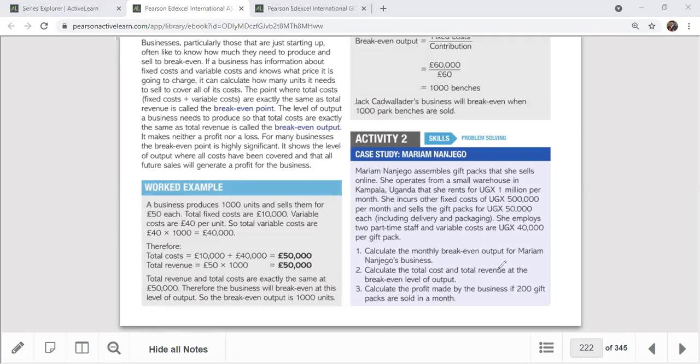We can find out the total fixed cost. Total fixed cost equals, in this case they have given UGX, the Ugandan currency, 1.5 million, right? So you can write like this, 1.5 million, and the selling price in this case is UGX 50,000, and variable cost per unit is UGX 40,000.